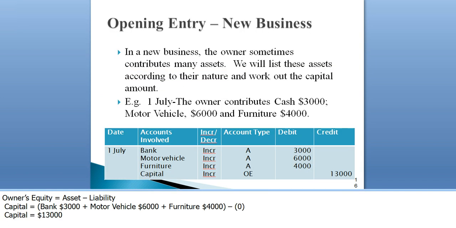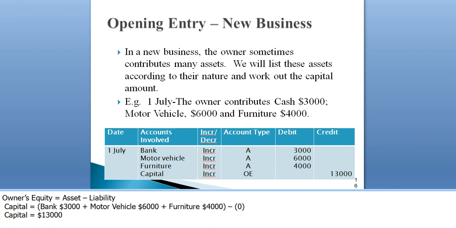Here is another example, a different one, because we are dealing with more than 2 accounts. Okay, so it's an opening entry. So in a new business, the owner sometimes contributes many assets, and we will list these assets according to their nature and work out the capital amount, because that's the value of the business.